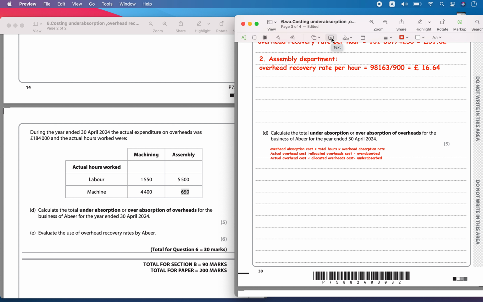First, we have to calculate the overhead recovered, the overhead recovery rate for the actual hours.